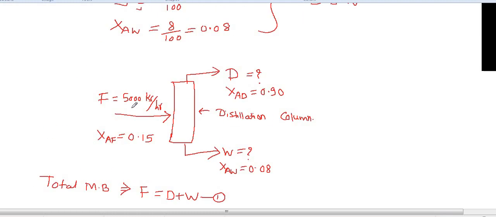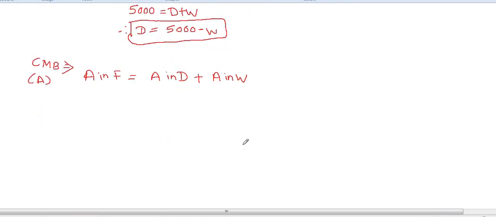So if you just see this particular flow diagram, whatever A is in this feed, all that A you will get in D plus A in W. So we write down this equation as A in feed is equal to A in D plus A in waste. Okay, so how much amount of A will be in the feed?